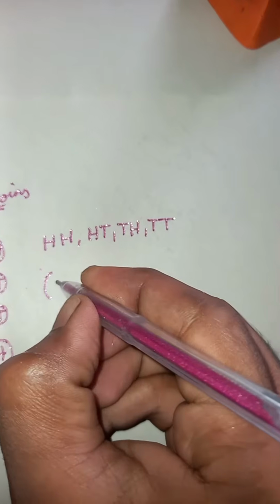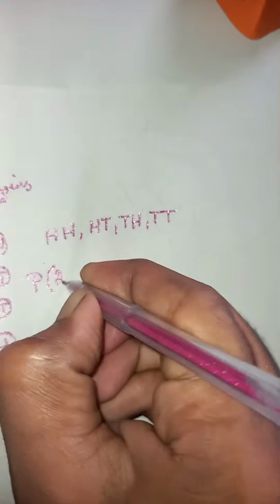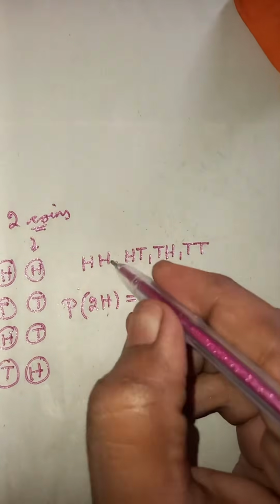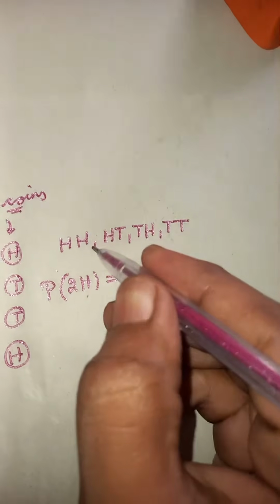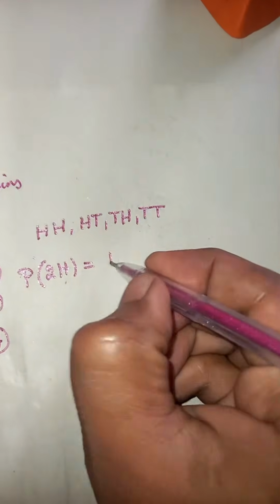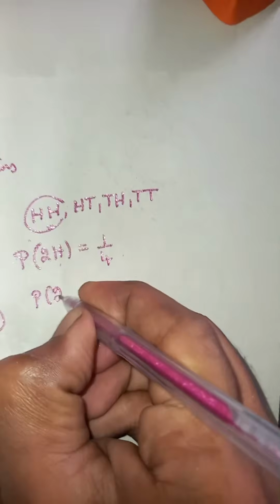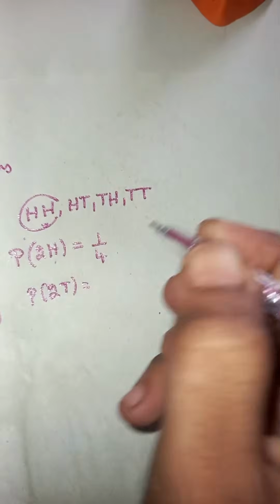They may ask you the probability of finding two heads. There are totally four chances here, and among them there is only one chance of getting two heads. They may even ask you the probability of getting two tails.